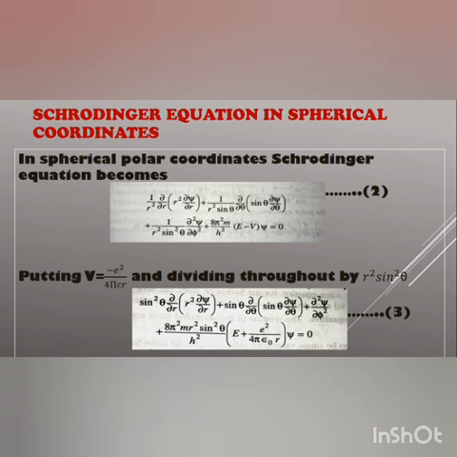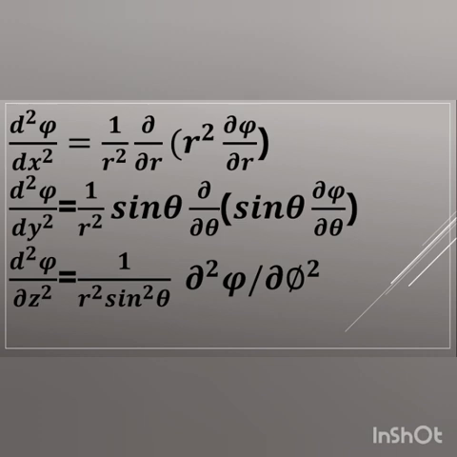Here we did nothing, we simply substituted these values in the Schrodinger time independent equation written above.